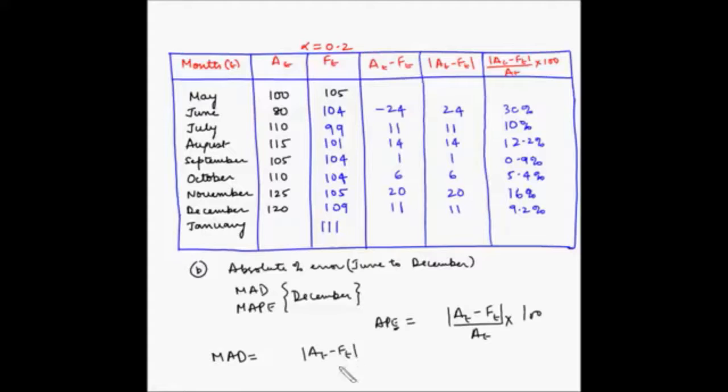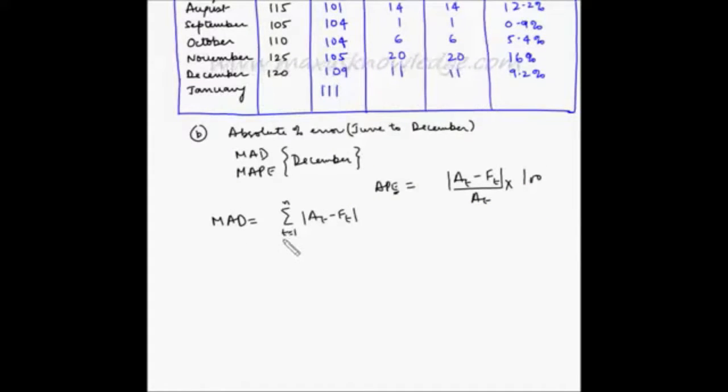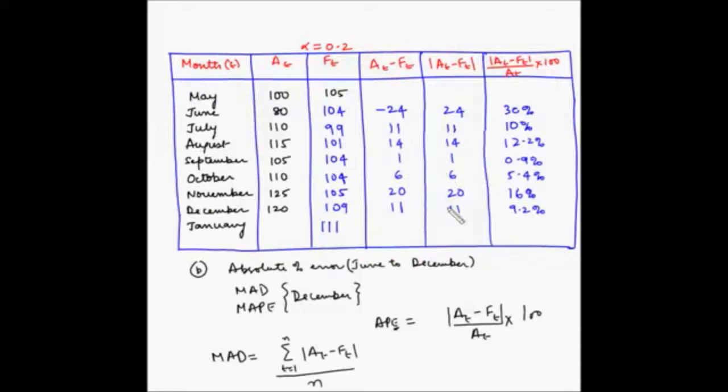And since we are calculating these for multiple periods, we have to take the sum where t equals 1 through n, where n is the number of observations that we are considering, and since we have to take the mean, we divide this by n. Now we have already found out the absolute value of AT minus FT for June through December, and here we are considering n as 7, that is June through December only. So 1, 2, 3, 4, 5, 6 and 7.